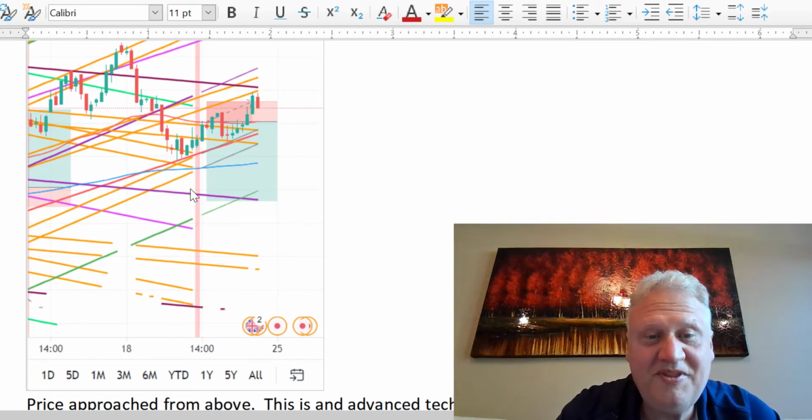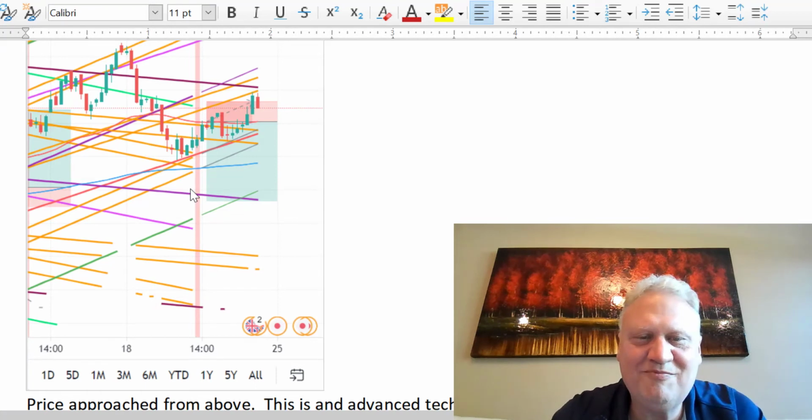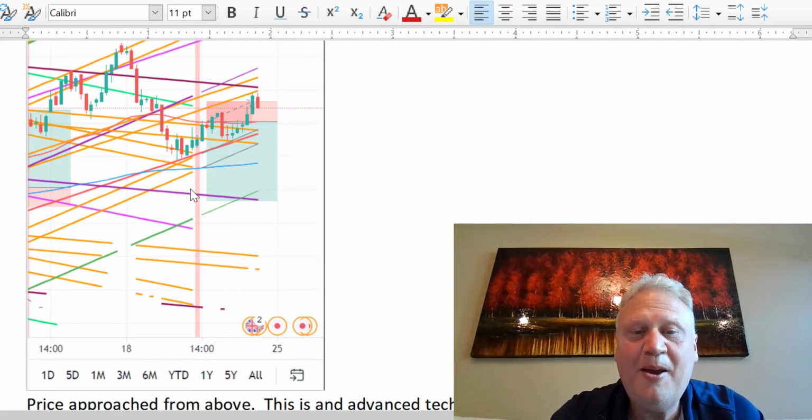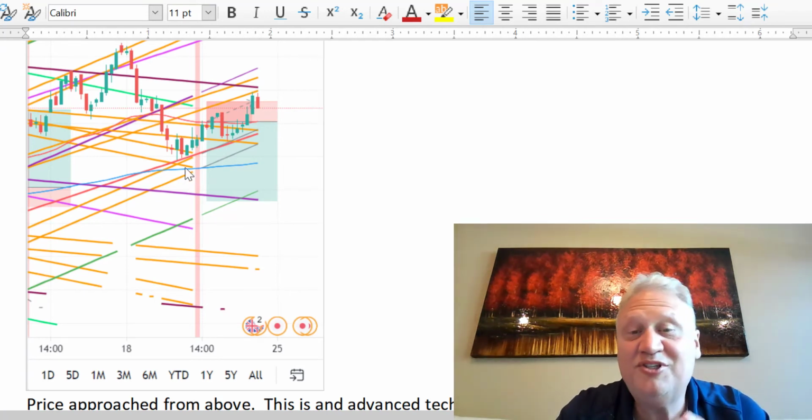Now, there's something else I need to teach you. When price bounces, it's 80% likely to reach the median line. But if it fails to reach the median line, price will take off in the other direction, often very hard. And we don't want to go against that action.